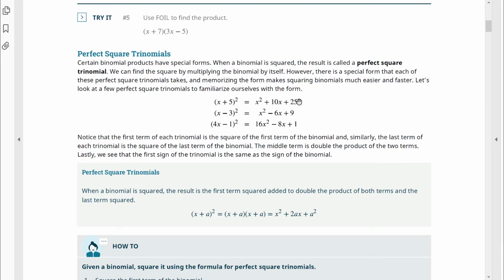Perfect square means that this is the square of a binomial. Why those results? To check the first two results, let's use the FOIL method. Like this.